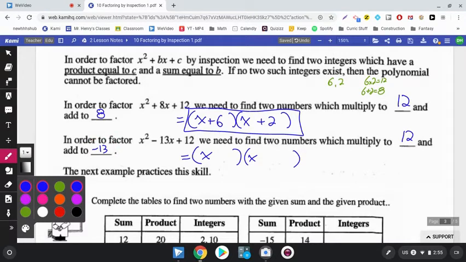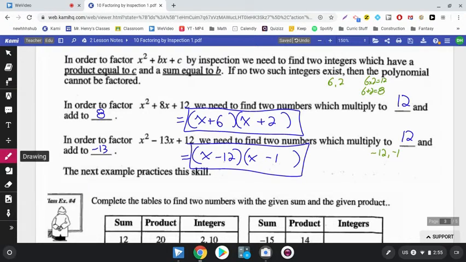Those numbers would be negative 12 and negative 1. X minus 12 and x minus 1. So that is factoring. And we're going to go into more detail, so don't worry. But that is, in essence, what factoring is going to be.